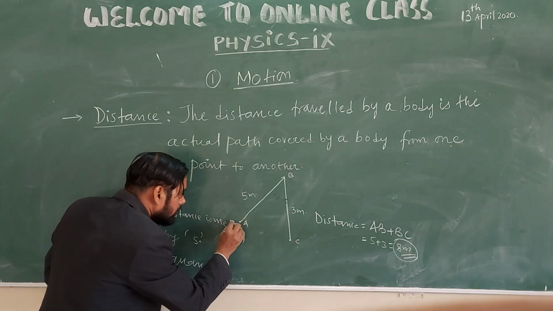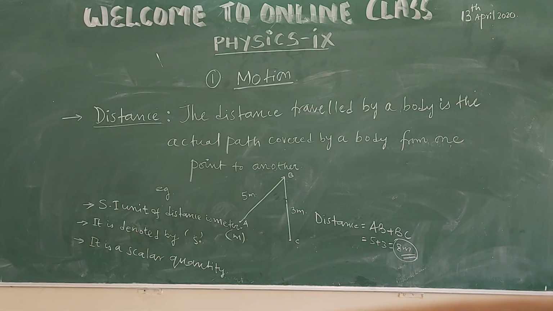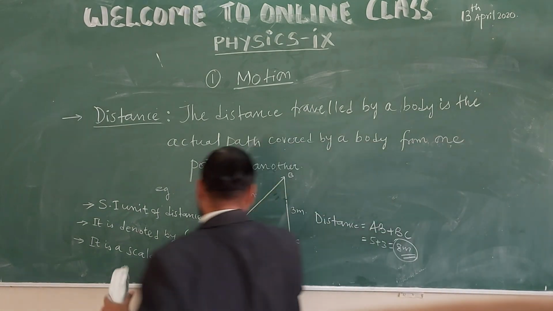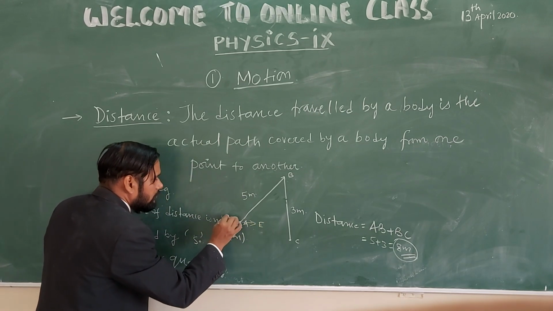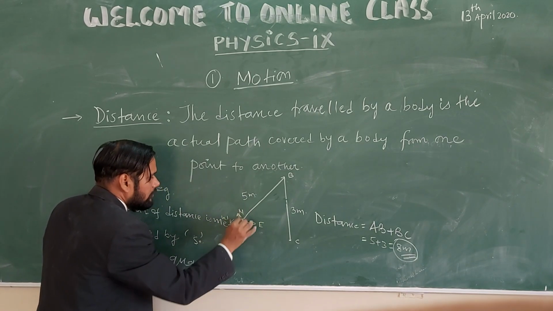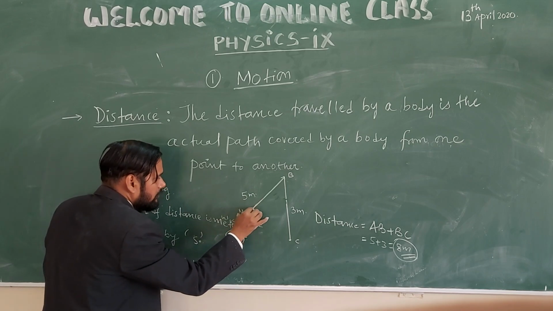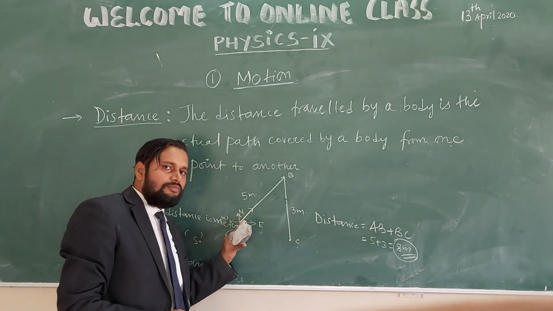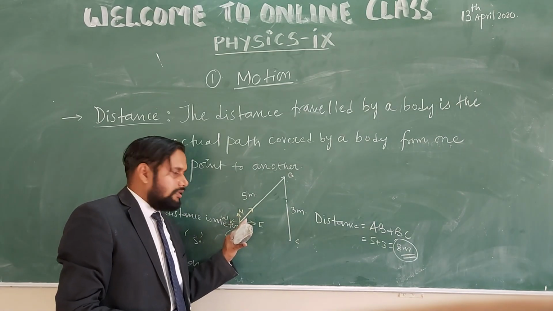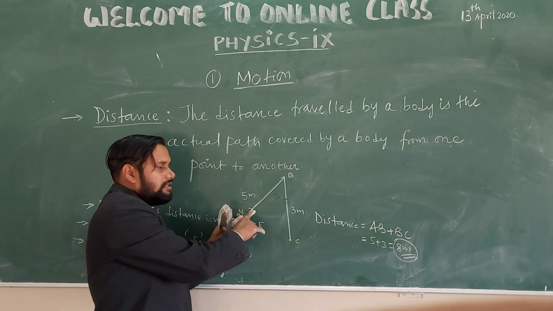See, we are taking east, this is west, this is north, this is south. So this body is moving in this direction. So this is northeast. That means when the body started moving from point A, then the direction is northeast.